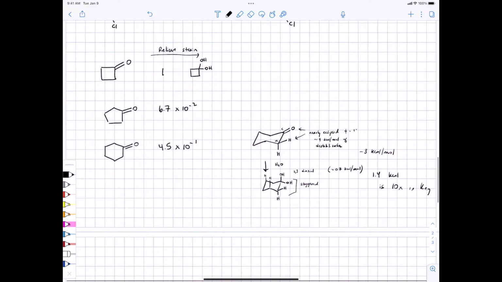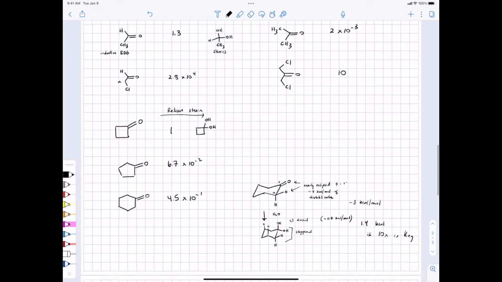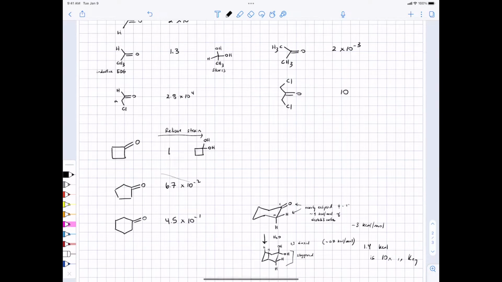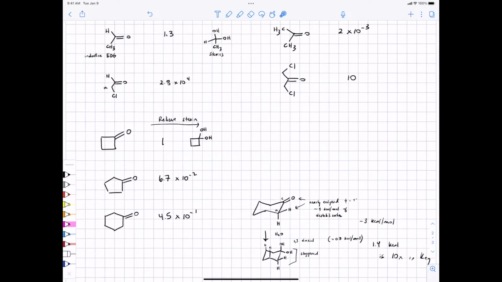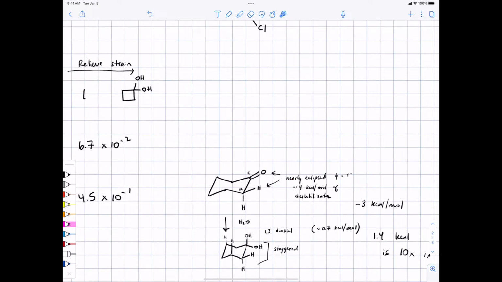So it sort of makes sense that if the delta G is 3, the cyclohexanone should be 100 times more reactive than the ketone. And that's, again, because of relief of an eclipsed interaction.